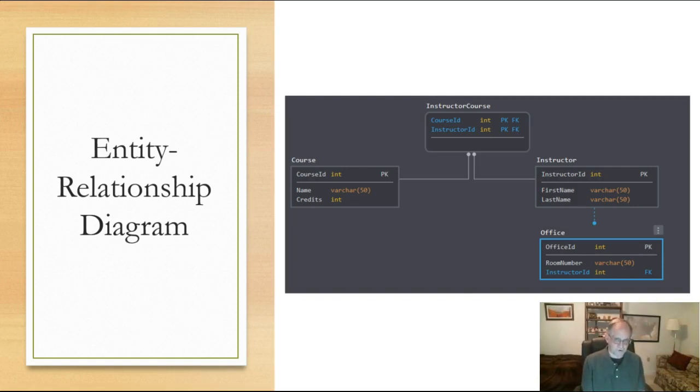We have a fourth one called instructor course. Course has attributes of name, credit. Instructor has attributes of first name, last name. You can see how we can have a diagram that visually depicts our entities and the relationships and attributes of them. Don't worry right now. We're going to spend a lot of time doing these in the next few weeks.